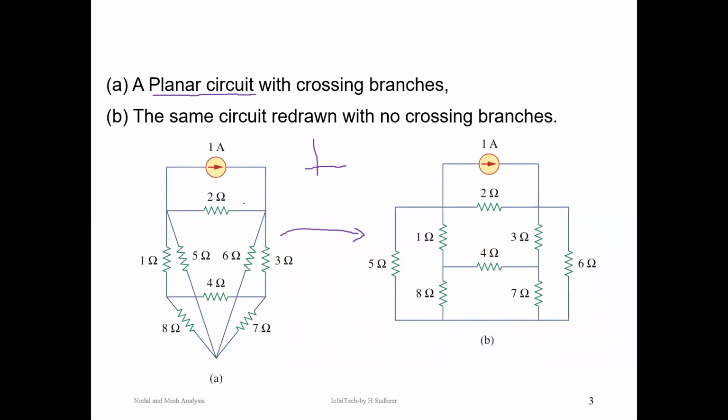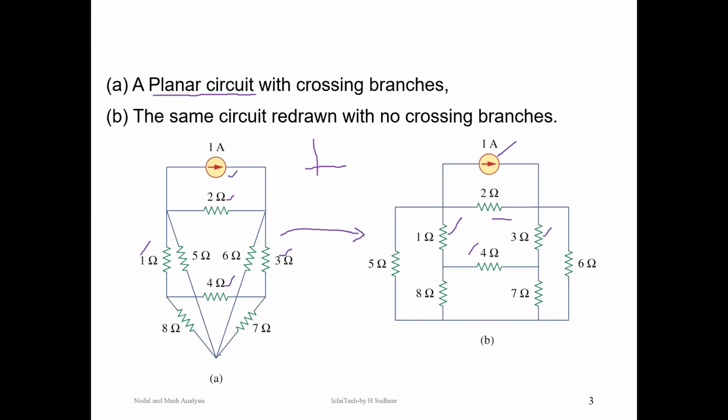So what we have to do is keep the 2 ohm branch as it is, keep the 1 ohm branch as it is, and the 3 ohms, 4 ohms, and the 1 ampere source. First draw these branch elements: 1 ampere, 2 ohm resistor, 1 ohm resistor, and then the 3 ohm resistor, and connect the 4 ohm resistor.